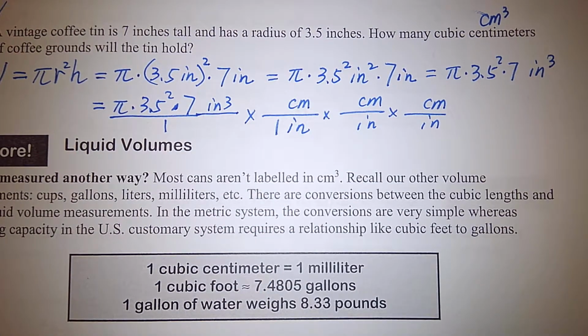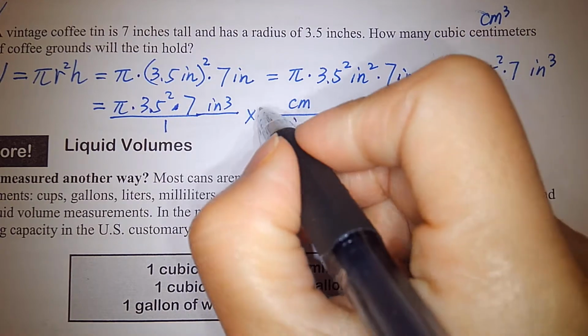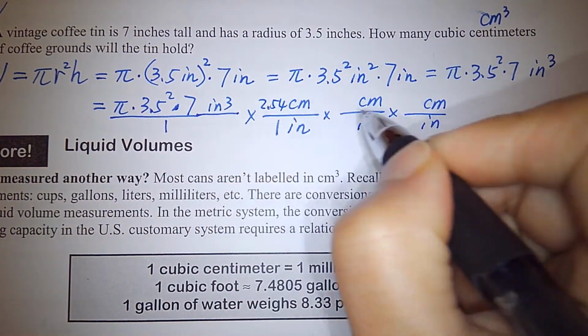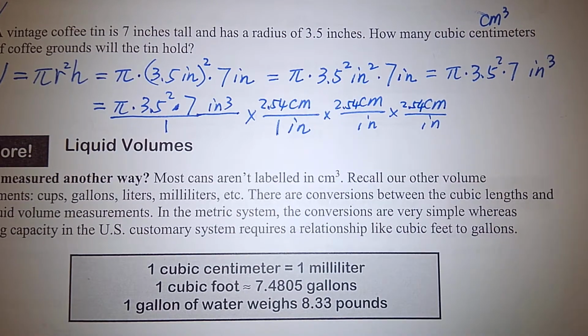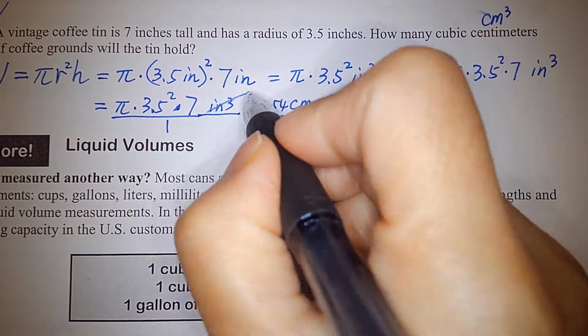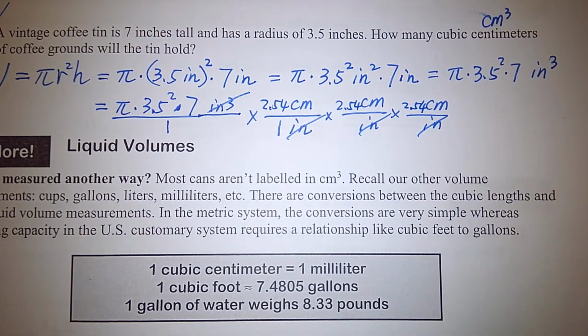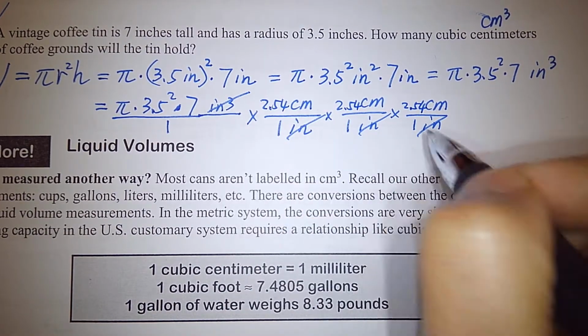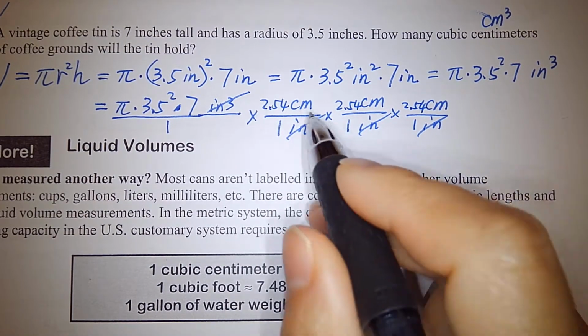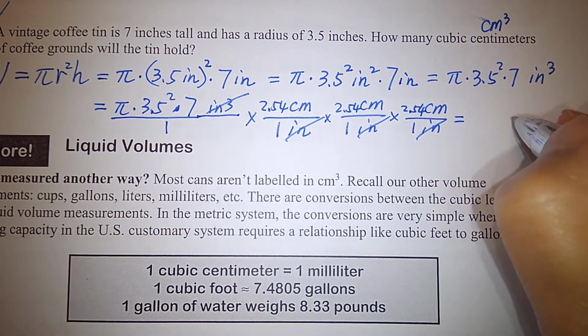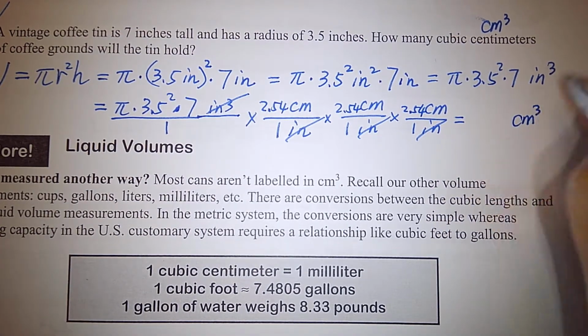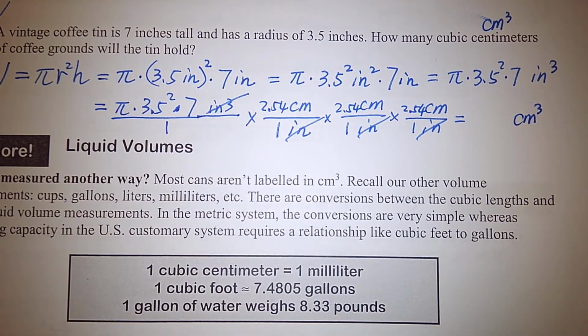Nobody found? 2.54, right? So this way, cubic inch is gone. We don't like it. Okay, so inch is gone. We have cubic centimeters left. And then you're going to do the calculation.